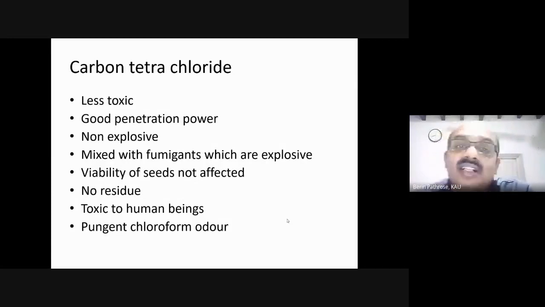Once we mix with carbon tetrachloride, which is non-explosive or non-inflammable, it will reduce the explosivity or inflammability of that fumigant, either acrylonitrile or carbon disulfide. That is how carbon tetrachloride is mainly used, but its toxicity is pretty low. That is one disadvantage. So that's what we normally do.